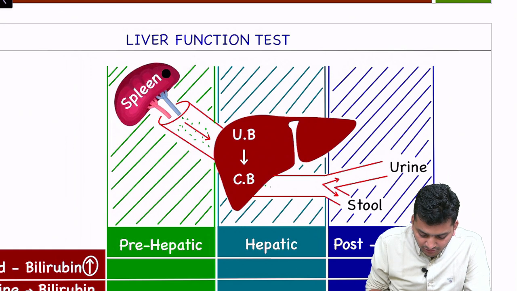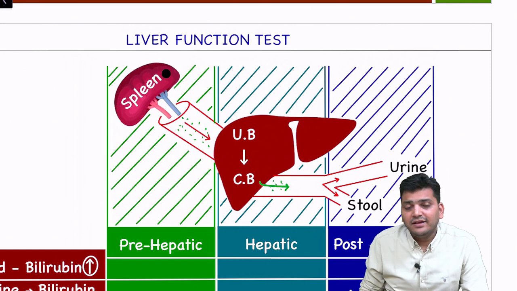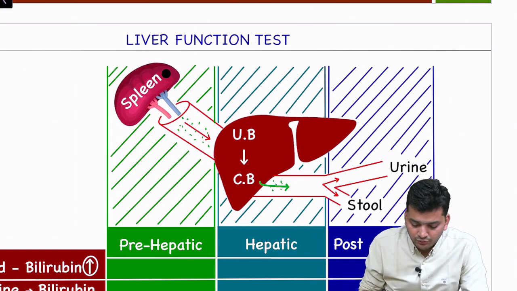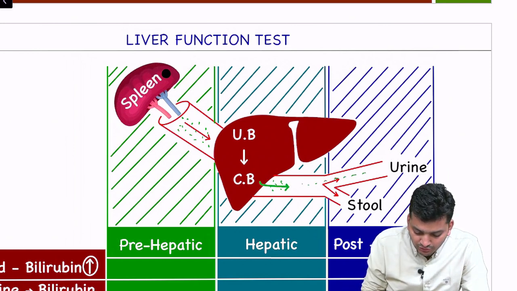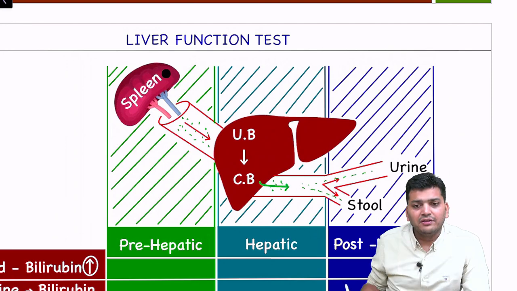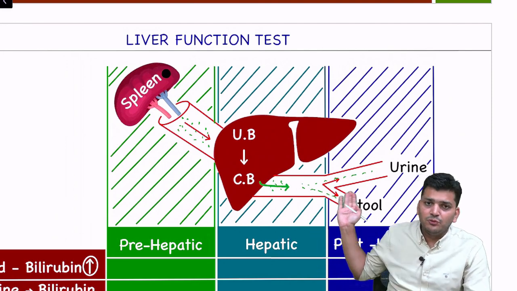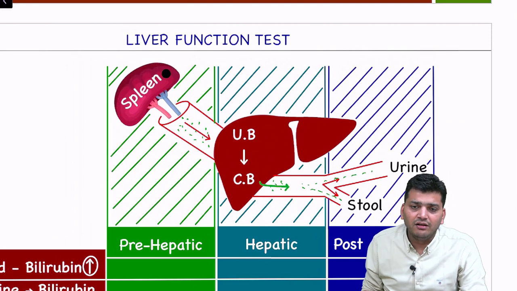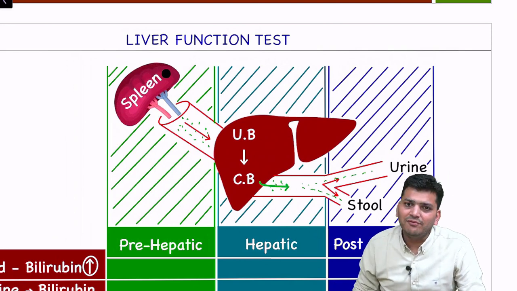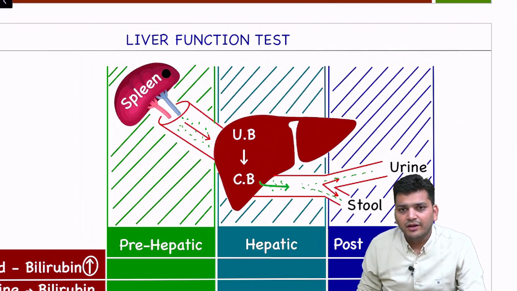Then the conjugated bilirubin comes into the intestine, where it can convert into urobilinogen or stercobilinogen. The stercobilinogen will come in the stool and make the stool color yellow. Urobilinogen will make the urine yellow. Likewise, the things will happen, right?